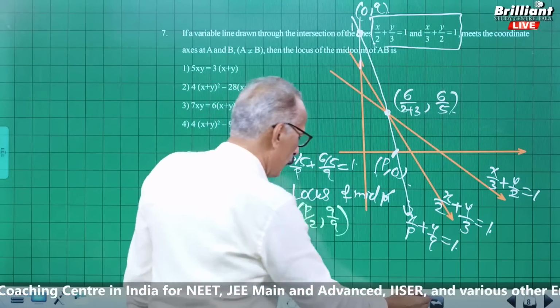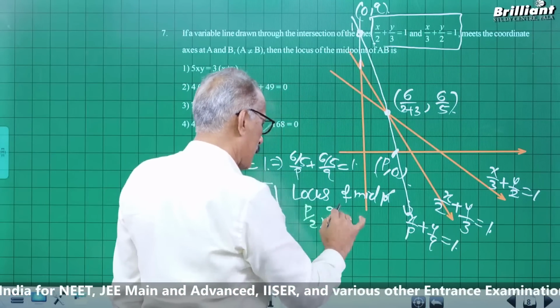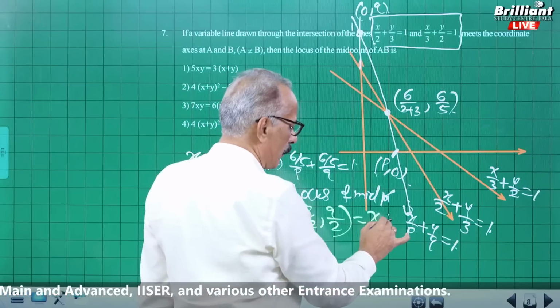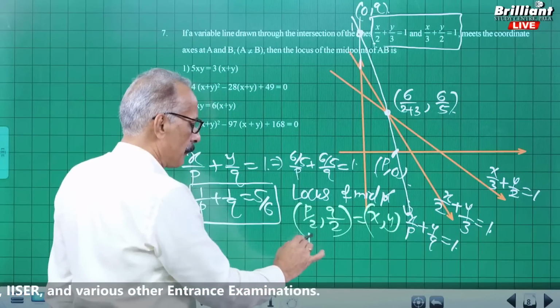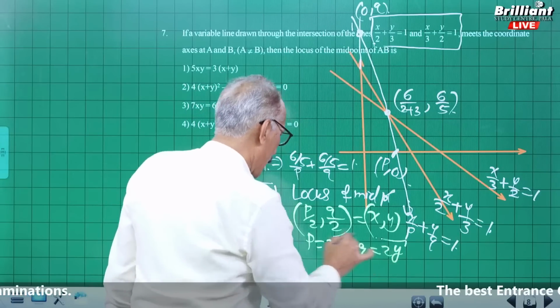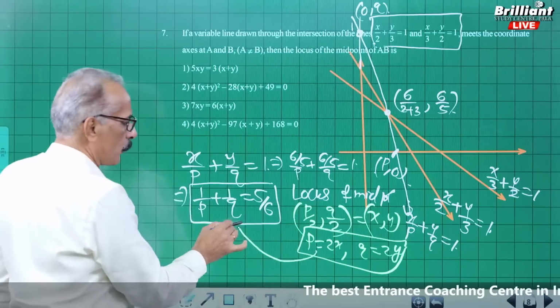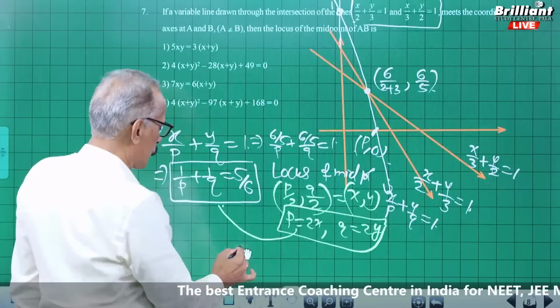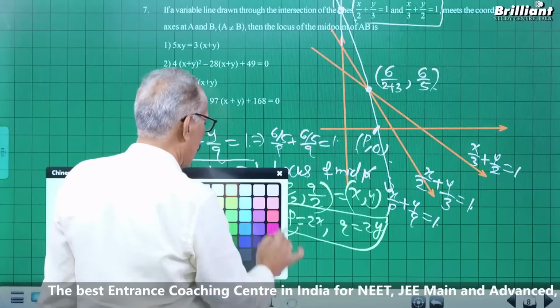Whenever you want the equation or locus of a point, take it as (x, y). So your p will be equal to 2x and q will be equal to 2y, and you substitute this p and q over here, you get the locus.